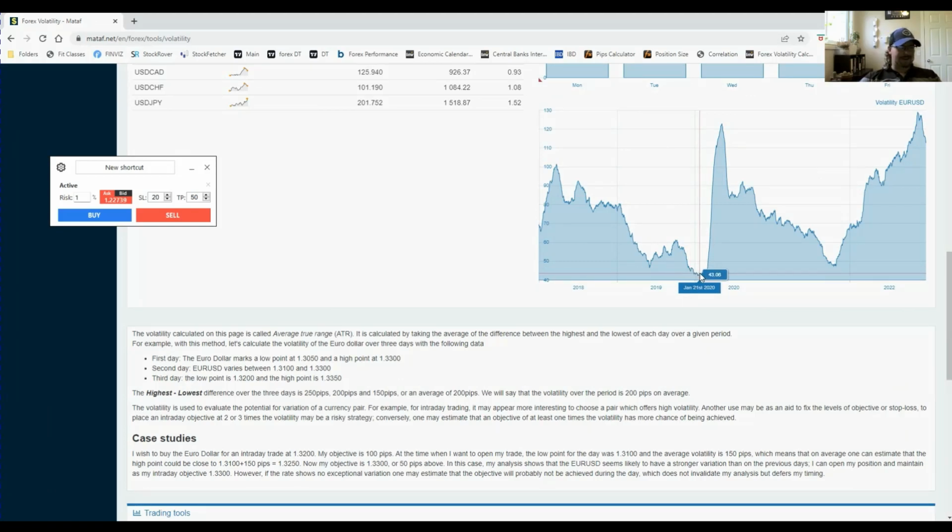Daily average movement was like a lot of times 30, 40 pips a day. Way lower than what you're seeing when I'm recording this, 2022, late in the year. We've been seeing historically high volatility. So you're seeing a lot more movement than you have at other times in history.